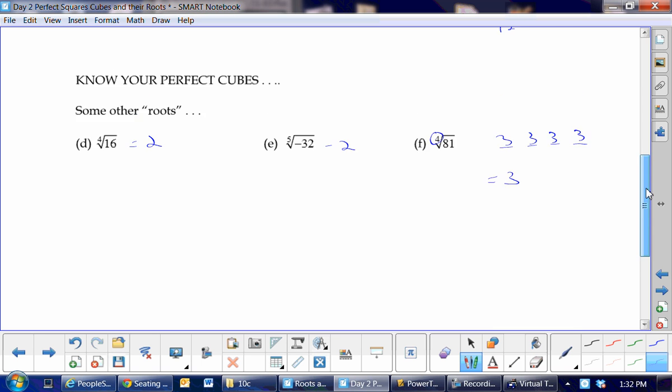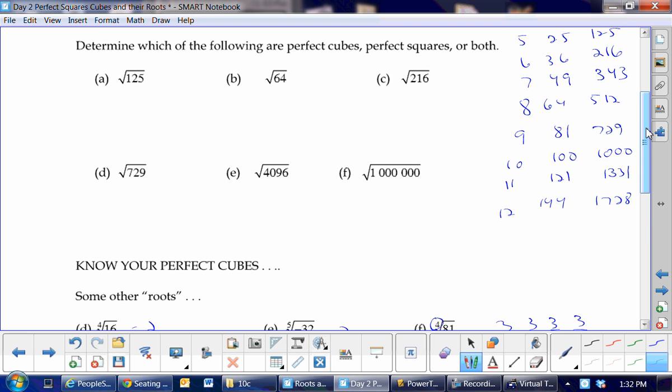Now, if you come up to here, because I wanted just to do that backwards, 125, perfect cube, perfect square, which one? Okay, what times itself equals 125? No, 5 times 5 is 25. Are there 3 numbers that multiply to give me 125?